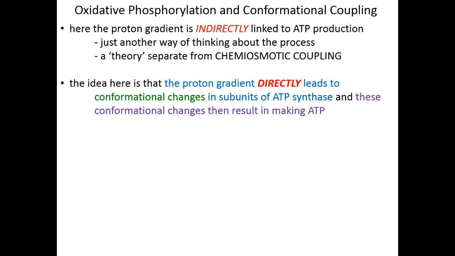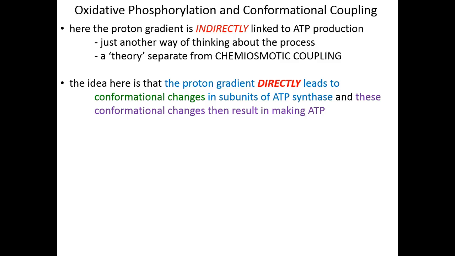Chemoosmotic coupling says the proton gradient causes ATP to be made. No proton gradient, no ATP. Conformational coupling says the proton gradient causes conformational changes to be made, and conformational changes result in ATP production. The implication in conformational coupling is that if you could somehow drive those conformational changes to occur without a proton gradient, you'd still make ATP.